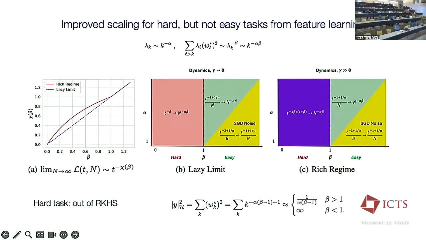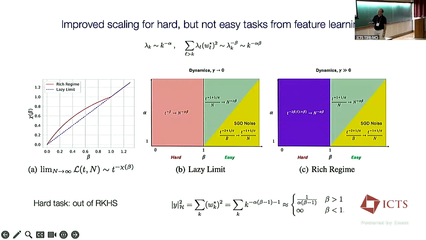That depends on this beta parameter. Notice that this beta is a property of the task itself, not of the kernel. So it's whether the task power falls slowly or very fast. If it falls very fast, easy function, you don't get a scaling exponent benefit. If it falls very slowly, then you get a benefit.